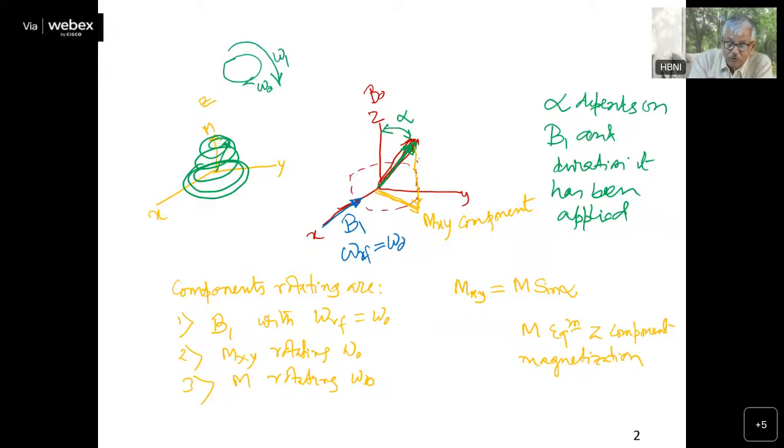If you combine both of them, you get a spiraling type of motion as the magnetization moves from the z axis to the xy plane. So it makes a very complex situation to analyze the signal. I hope it is clear. Any doubt from anybody?